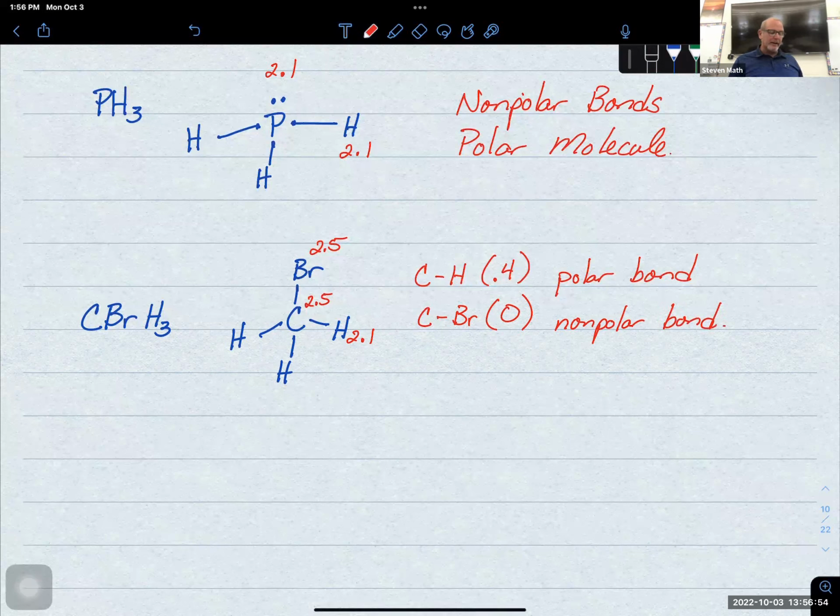And what I've done is introduced the third topic. All right. The third topic has to do with dipoles, symmetry, and canceling. So if we look at our arrows in this case, the hydrogen is pushing up and pushing in, and the bromine doesn't have an arrow because it's nonpolar. This is going to be a polar molecule.